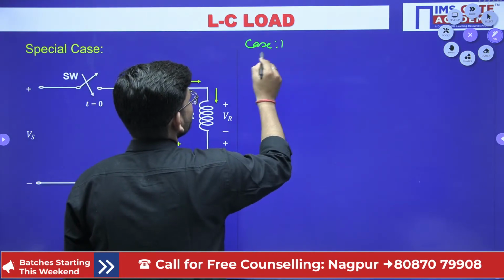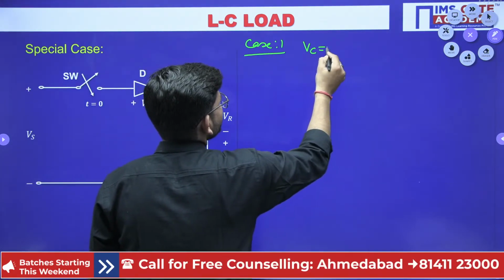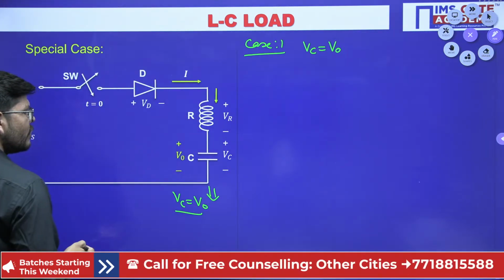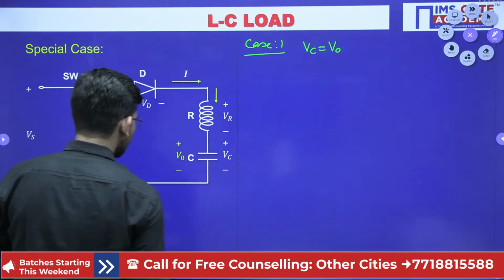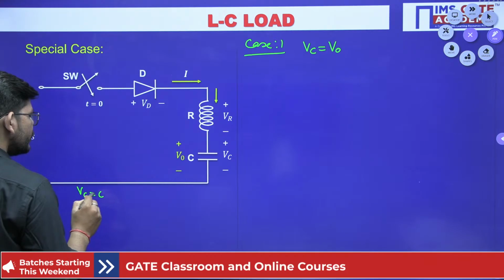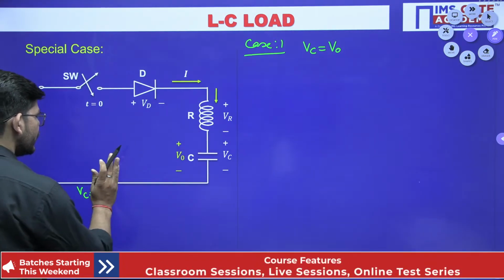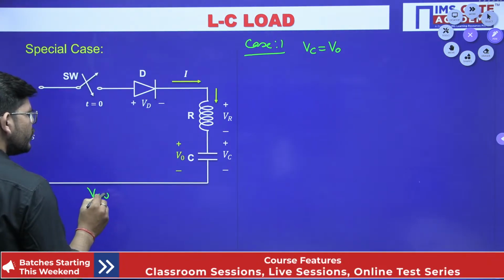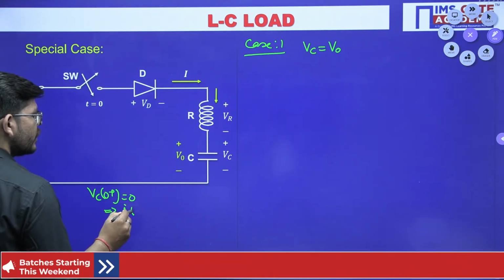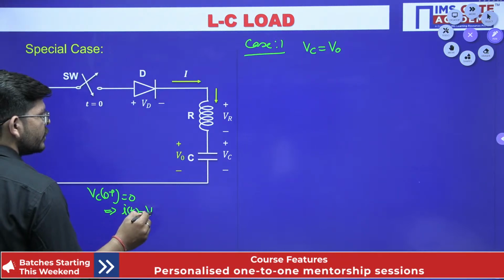In case 1, let us suppose that the capacitor is having a voltage equal to V0. When the capacitor voltage is 0, initial capacitor voltage Vc(0+) equals 0, what are the values of current and voltage we have?